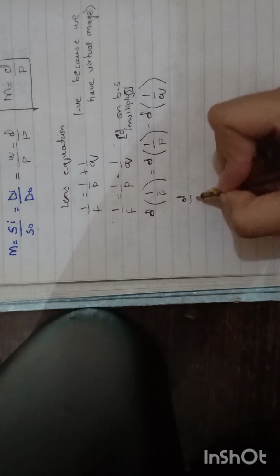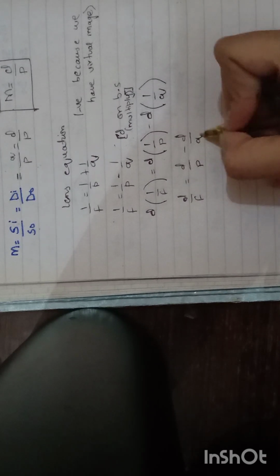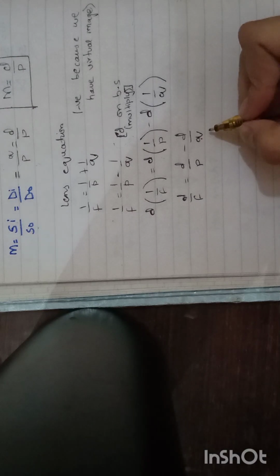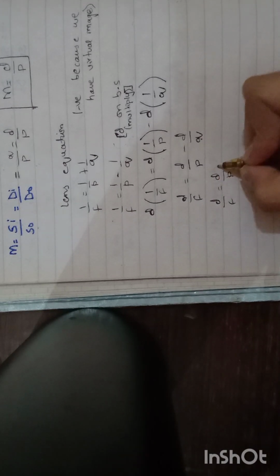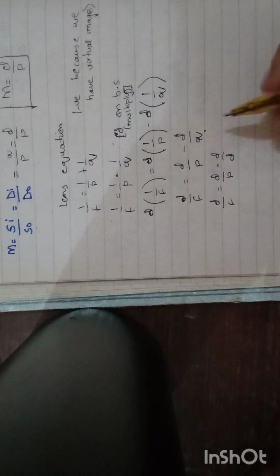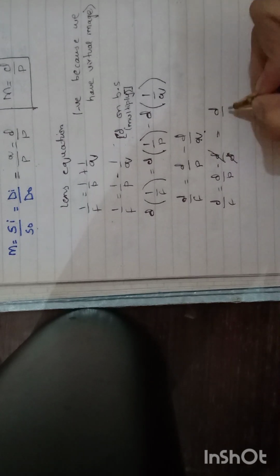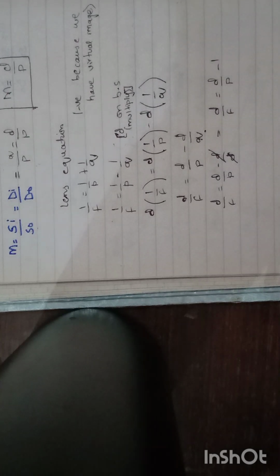So it will be D upon F is equal to D upon P minus D upon Q. Now we know that Q is equal to D, so it will be D upon F is equal to D upon P minus D upon D. Because we have elaborated that Q is equal to D, the D will be cancelled, so it will be D upon F is equal to D upon P minus 1.